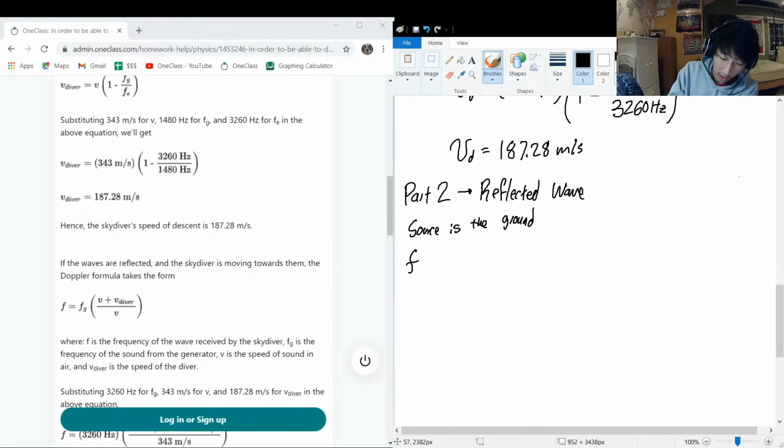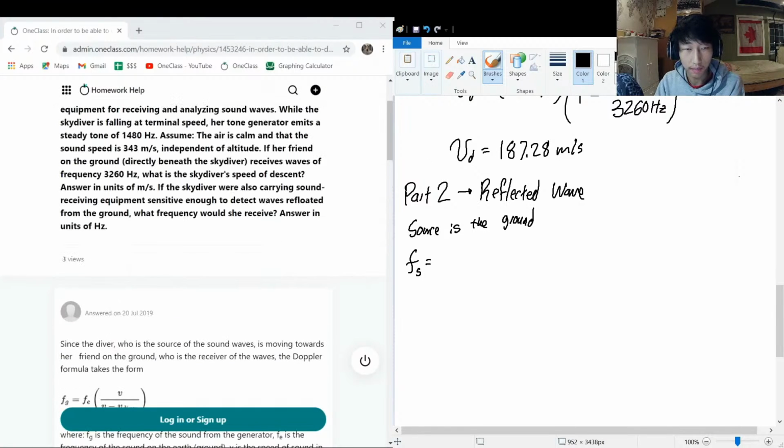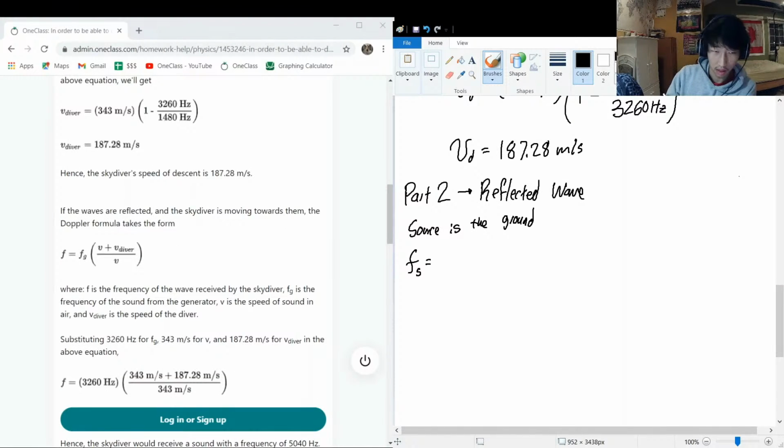So the frequency of the source in this case is the same as what the ground was hearing originally, which was 3260 hertz. Okay, the velocity of sound, VSOS, is going to be the same, so 343 meters per second.